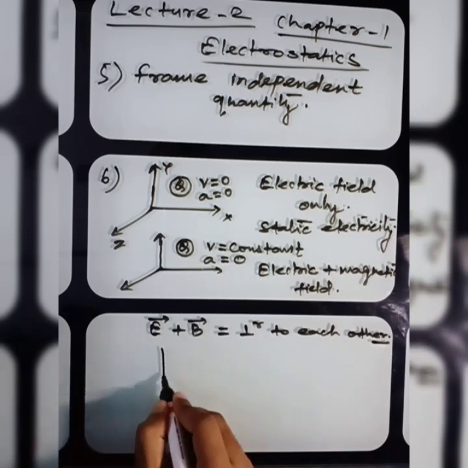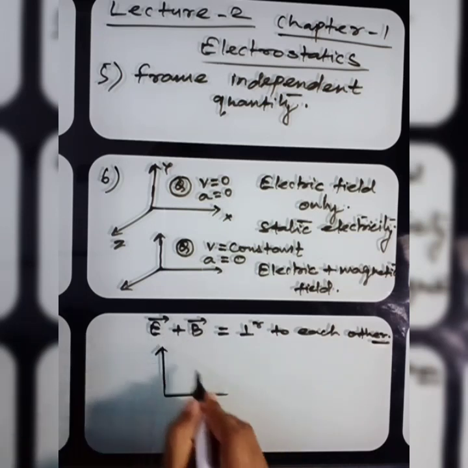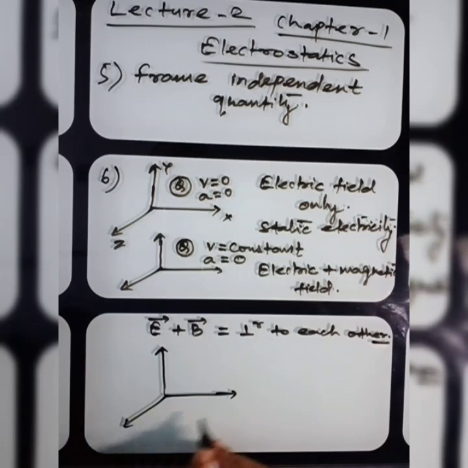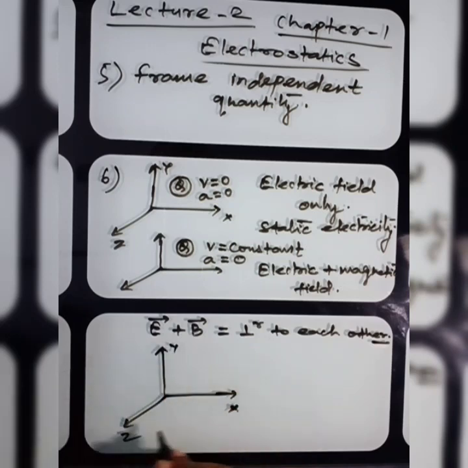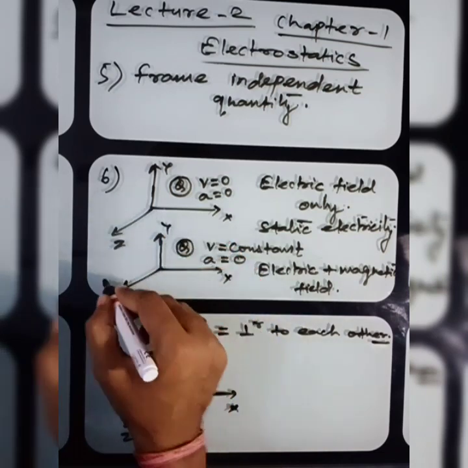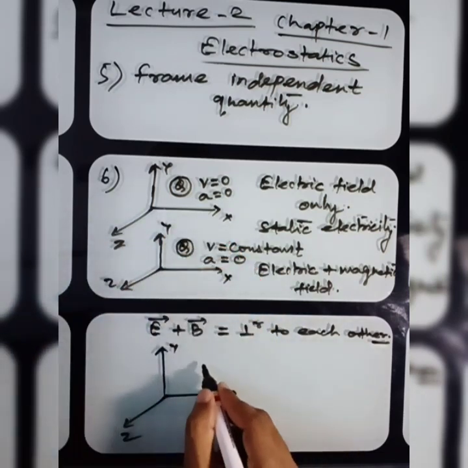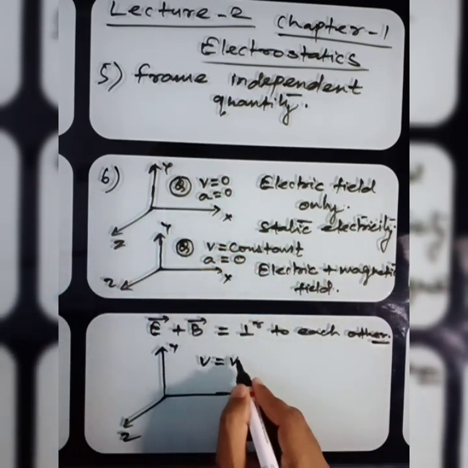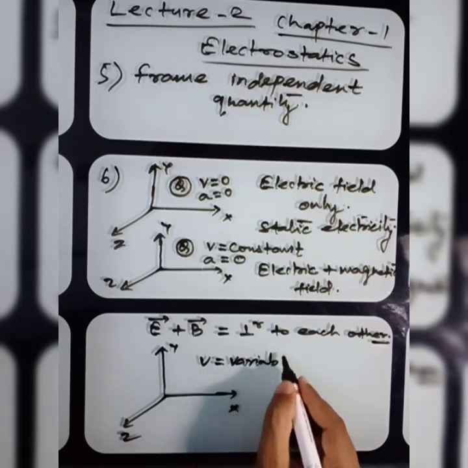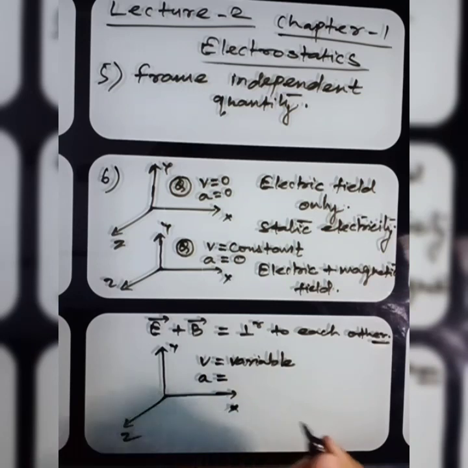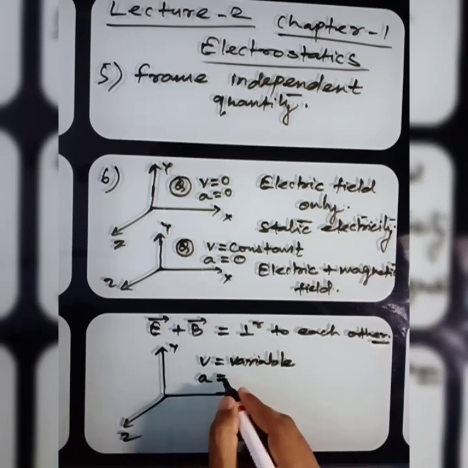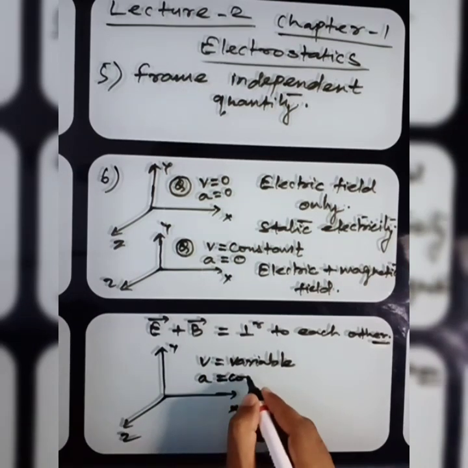Third, if the same charge is moving with variable velocity, what will happen, student? Acceleration will be constant, but not 0.